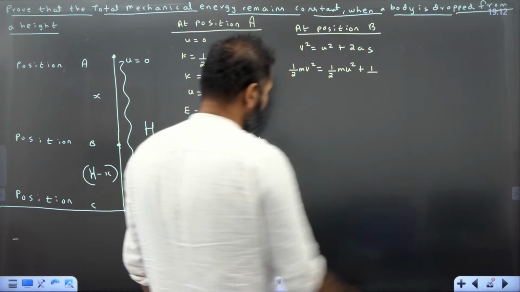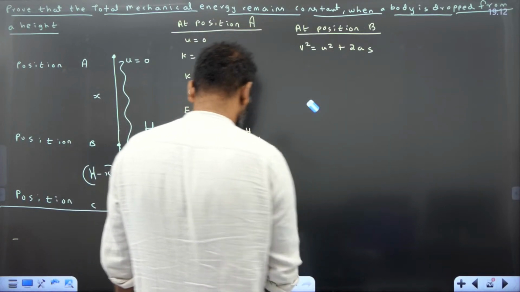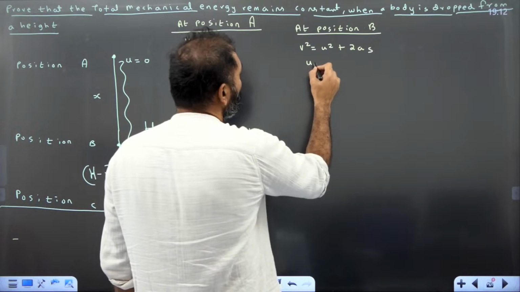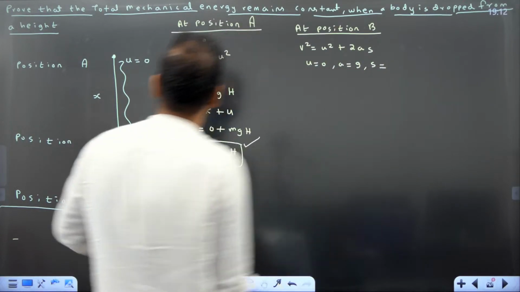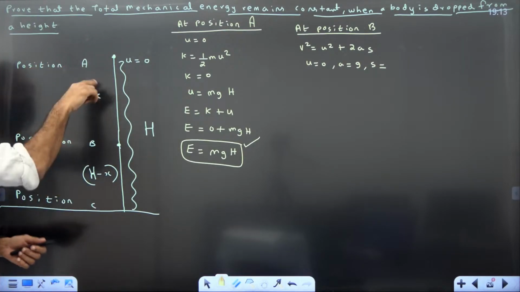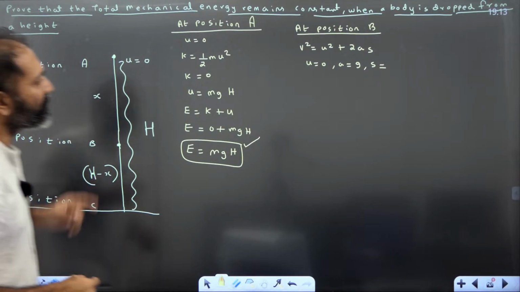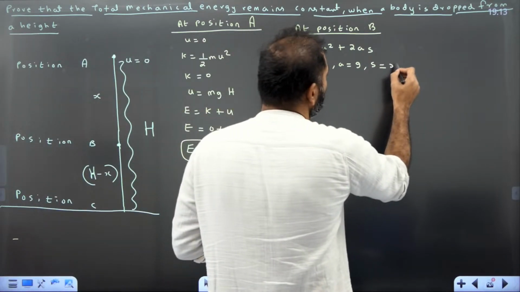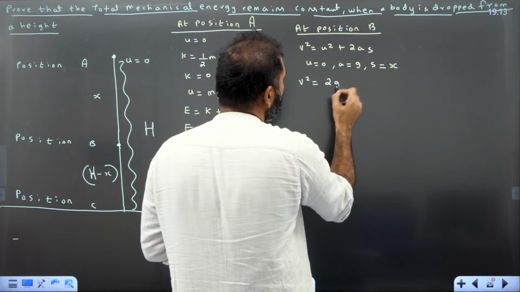Here u is 0, a is g, and displacement is x, the distance traveled by the pen up to B. So V square equal to 2gx.